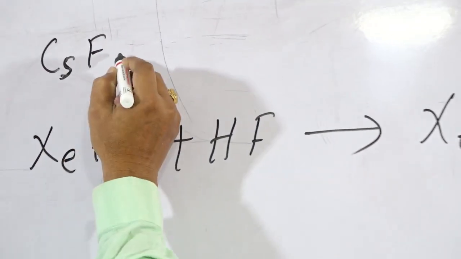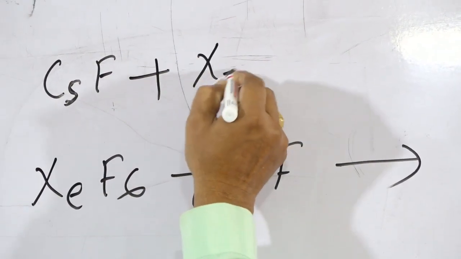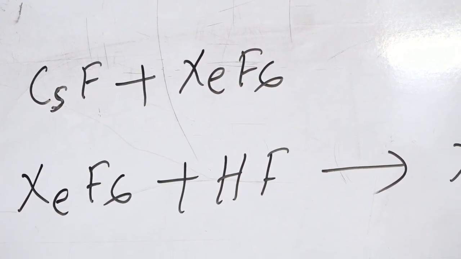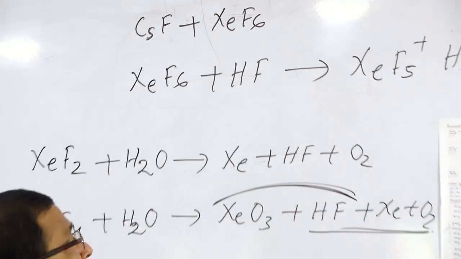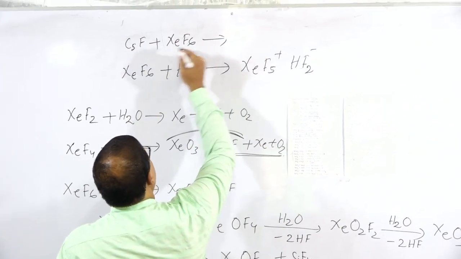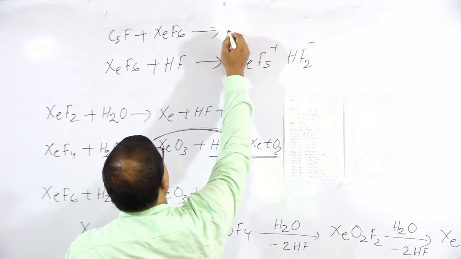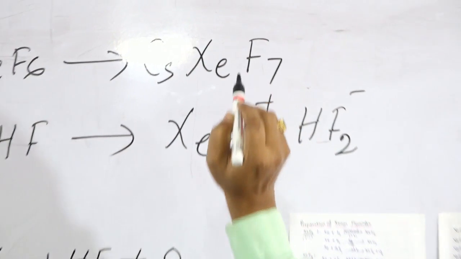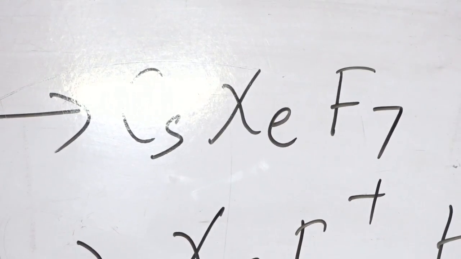Cesium fluoride reacts with XeF6, and there is the formation of another addition compound, cesium fluoride XeF6, CsXeF7. There is the formation of an addition compound.